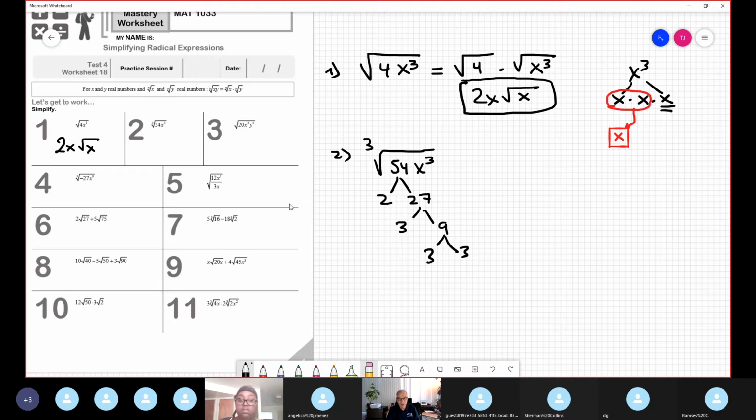Remember, we are working with the cube root, so we need to select 3 by 3, not 2 by 2. This triplet of 3s goes outside like one 3. So so far we have 3 outside and 2 staying inside.